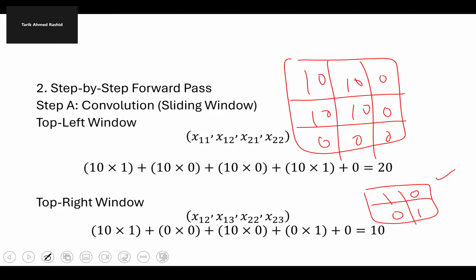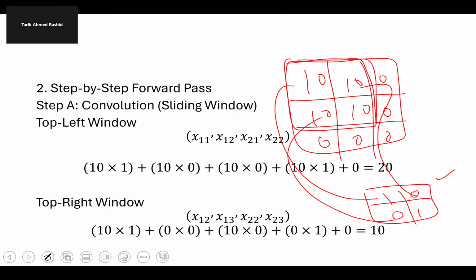So this filter, we will slide it through the first part of the image. It means 1 multiplied by 10, 0 multiplied by 10, 0 multiplied by 10, and 1 multiplied by 10, that's 20. Again, the same filter will slide through the second part, this border.